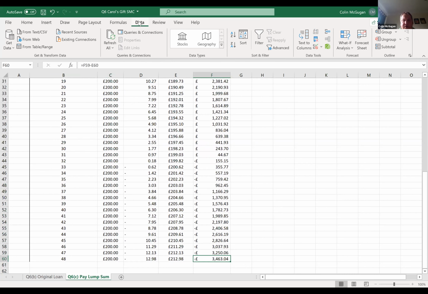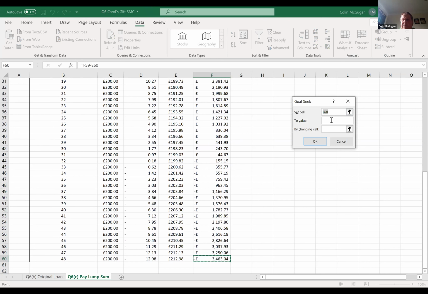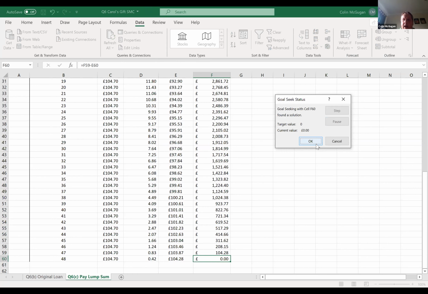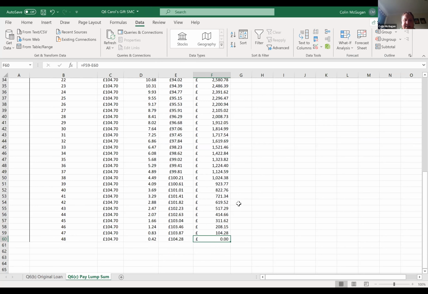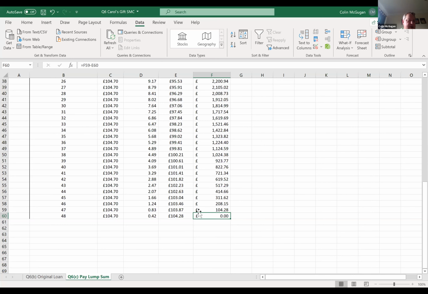So I go to my data, I go to my what-if analysis on the right-hand side, I click on goal seek, I want cell F60 again to be 0, and I want to change the cell C9 this time. So it's C9. Okay. And there we go. It's done an analysis again. It's left us with a 0 here.